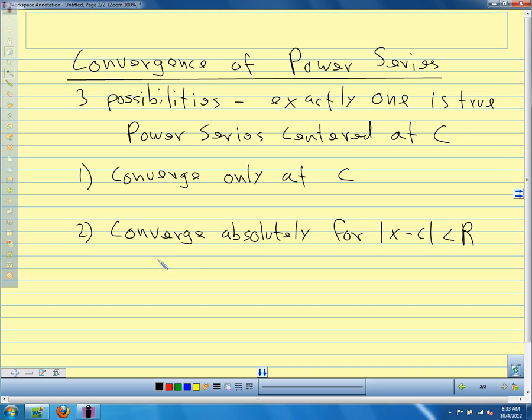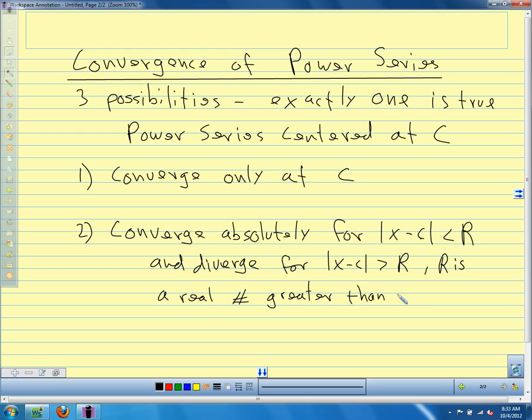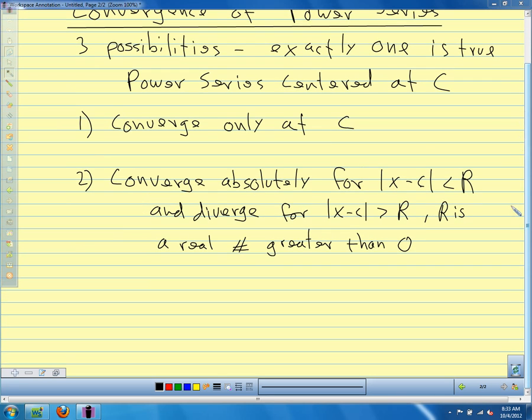And it will diverge for the absolute value of x minus c greater than this particular r. And r is just a real number greater than 0. So in this case we'll have a range of x values for which our series converges.